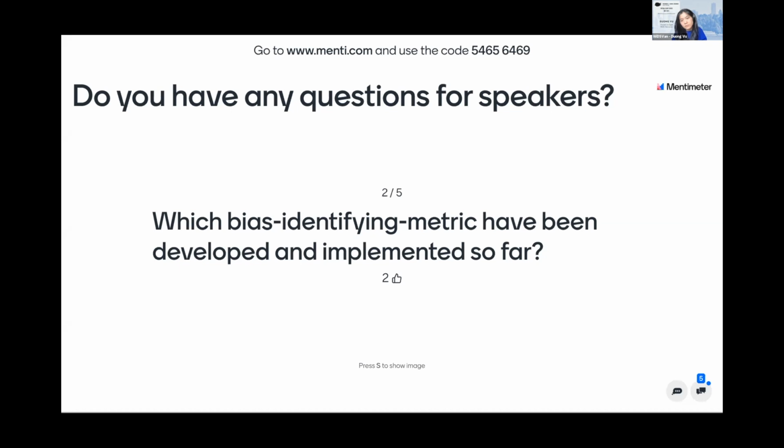I'll look into that and see if there are any tools that I could share with you. In terms of a bias identifying metric, the way I understand it is really how do we quantify bias? The best way to do it right now is through the fairness definitions that I mentioned earlier in the presentation.